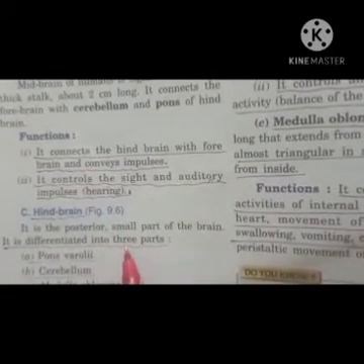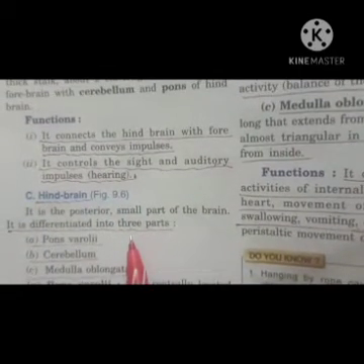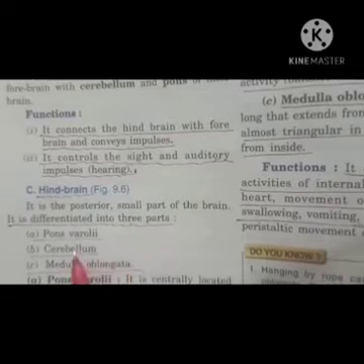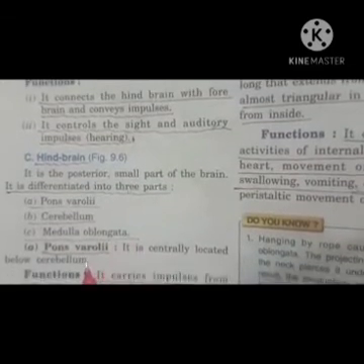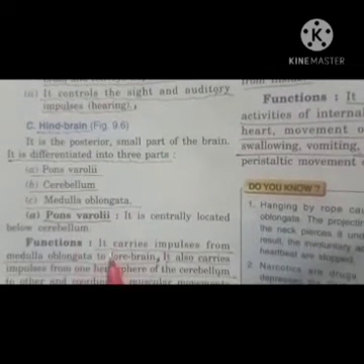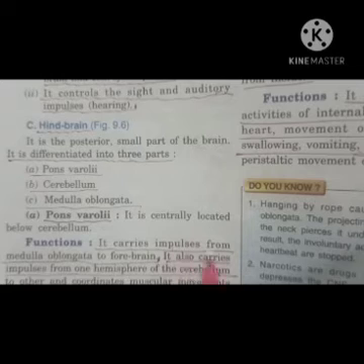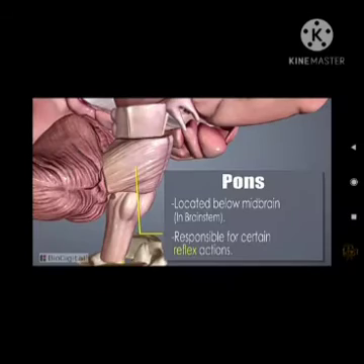Next is your hindbrain. Hindbrain is again differentiated into three main parts: pons varolii, cerebellum, and medulla oblongata. The function of pons varolii is that it carries impulses from medulla oblongata. It is situated below cerebellum.